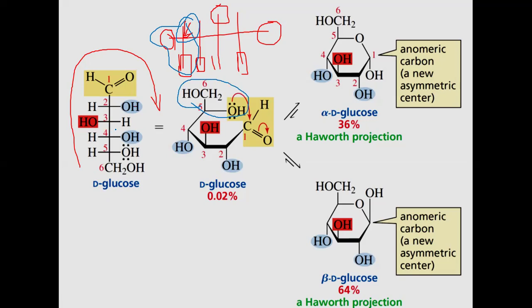The first hydroxyl group is here, the second hydroxyl group is on the top, and the third hydroxyl group is below. I told you that we are going to rotate this carbon to bring the CH2OH group up. So this moves here. You can see that the OH group on the 5th carbon is right here, and you have the CH2OH group.